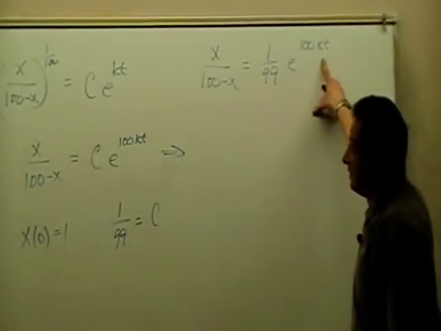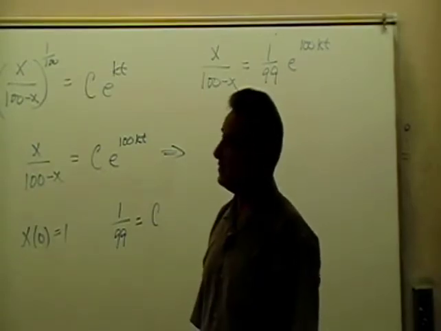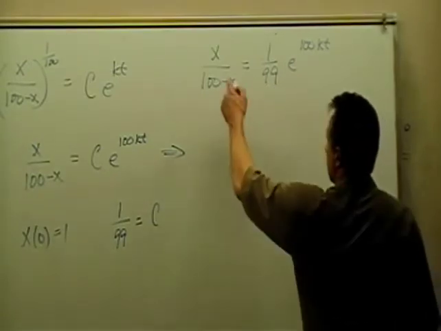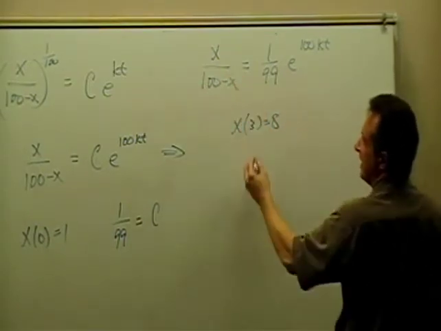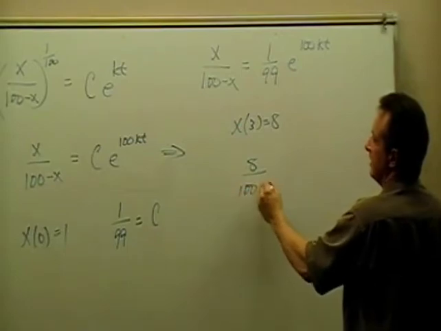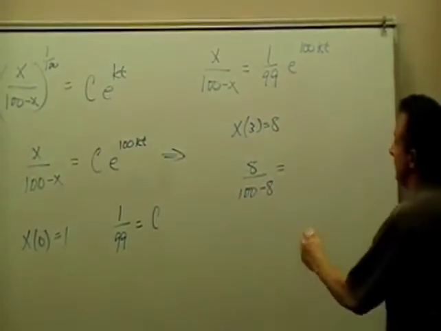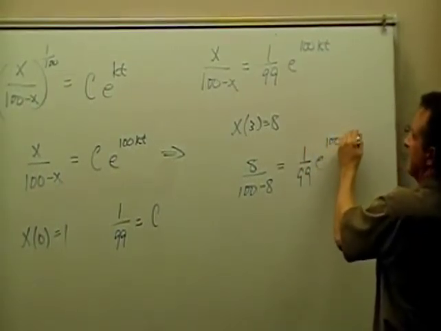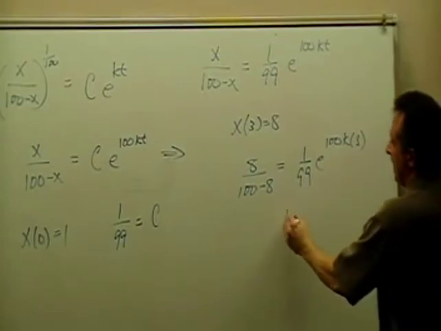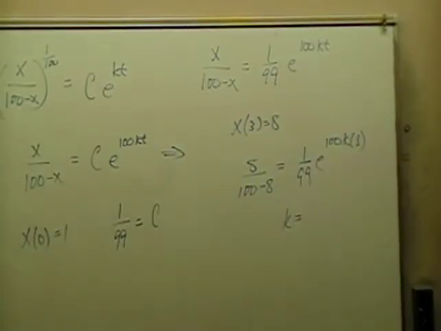And then we can find k by our second condition, that at time equaling 3 days, we have 8 people infected. So we have x of 3 equaling 8. And just again, simplify it, substitute it in, finding a particular solution to this differential equation: 1/99 e to the 100k times 3. And you solve for k.